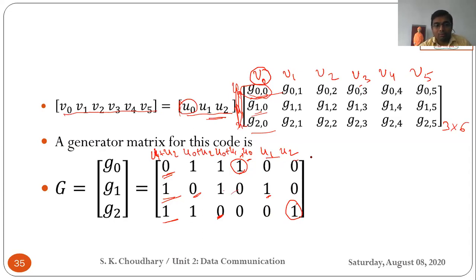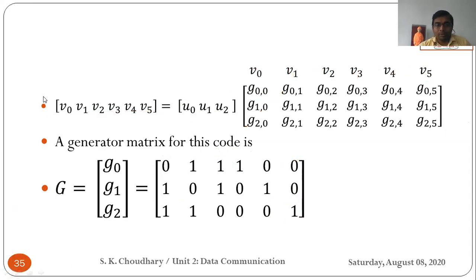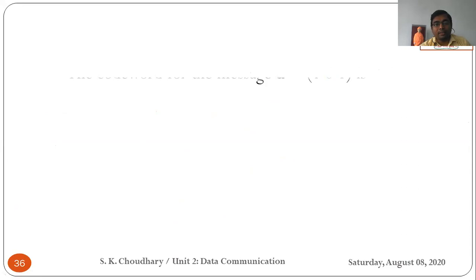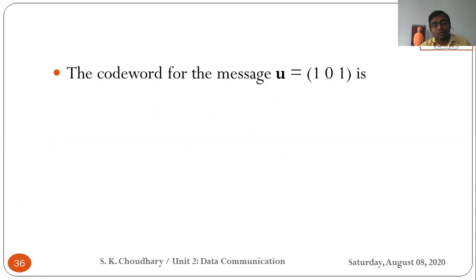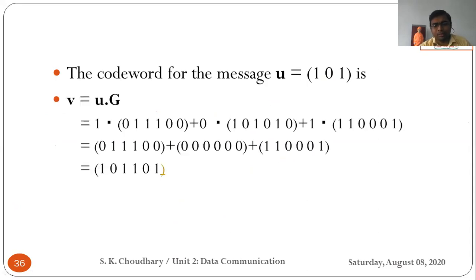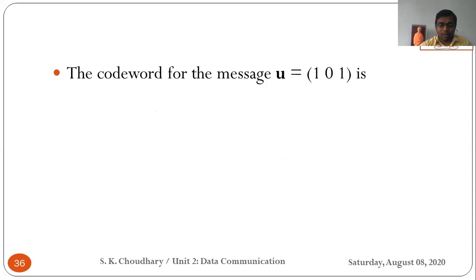Okay. Now, after writing this particular equation, once you have got the generator matrix, you can write the V or codeword for any value of U. For example, in how many ways is the value of U possible?